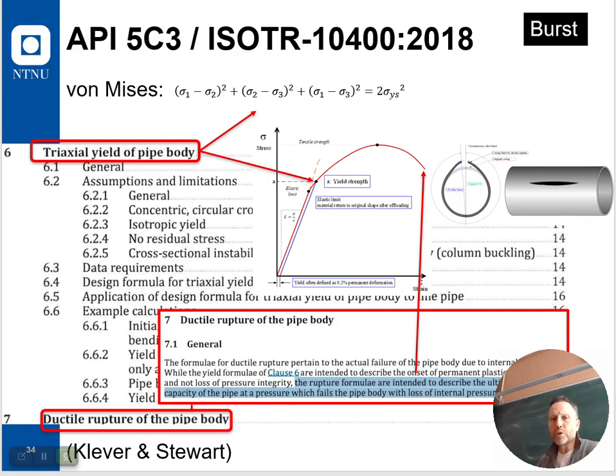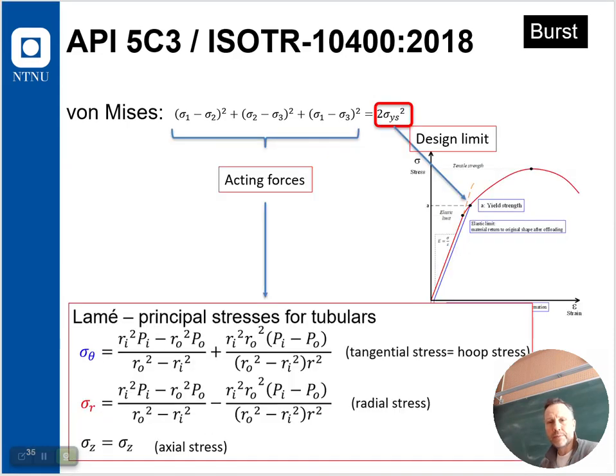There is a rupture design, triaxial, ductile rupture. It's at the end here where the pipe is rupturing, like we talked about, which has its purpose, but you cannot use it for design. Not now. It's a reference.